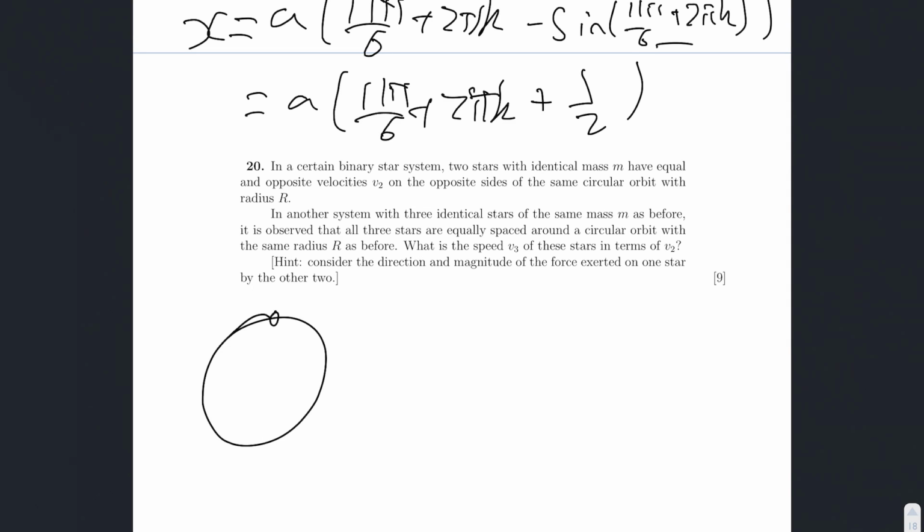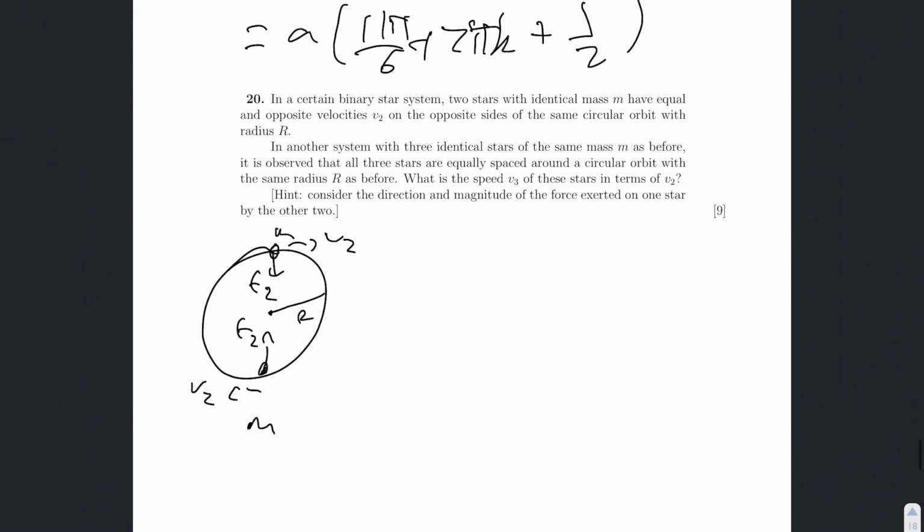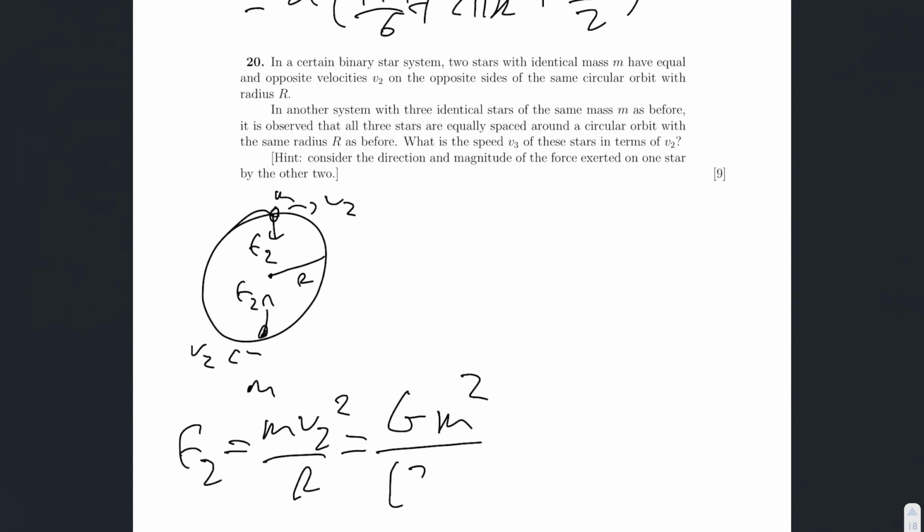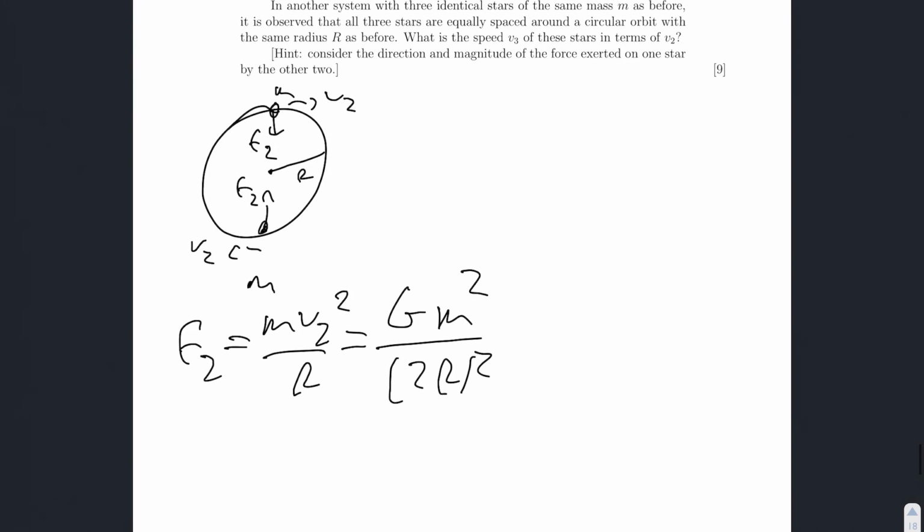So, to draw it out, we know that in the first case, we have m here, we have F2 there, F2 there, this is going at v2, v2, and then that's r. Solving this, we know that F2 equals m v2 squared over r from circular motion, but this is equal to the gravitational force between them, which is over 2r squared.